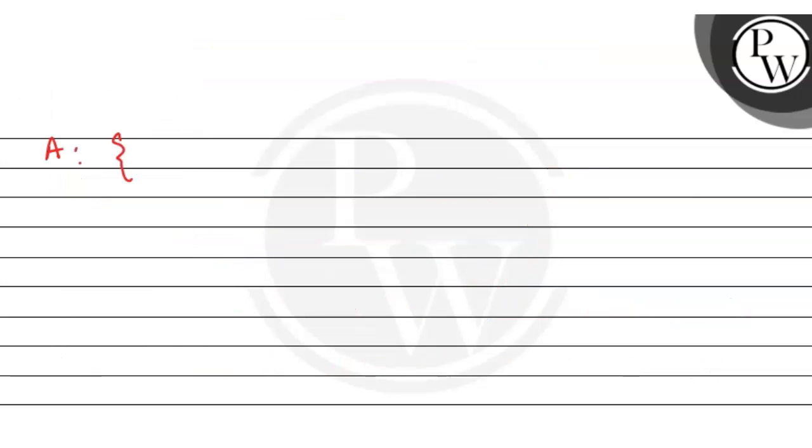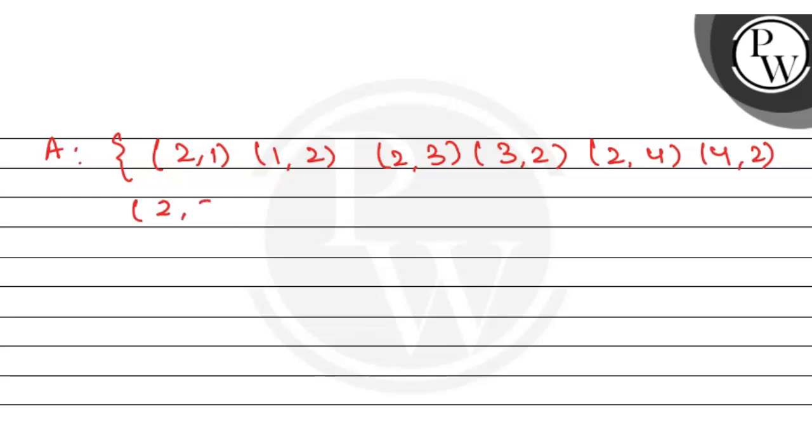will be (2,1), (1,2), (2,3), (3,2), (2,4), (4,2), (2,5), (5,2), (2,6), (6,2) and then finally (2,2). These are the events when 2 appears at least once.